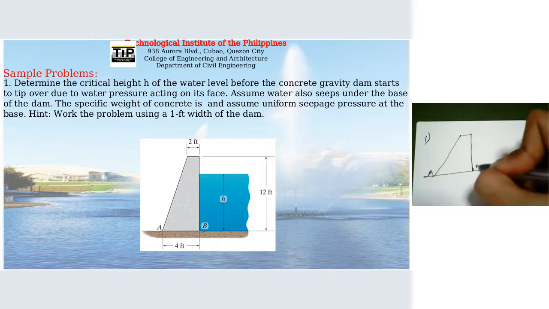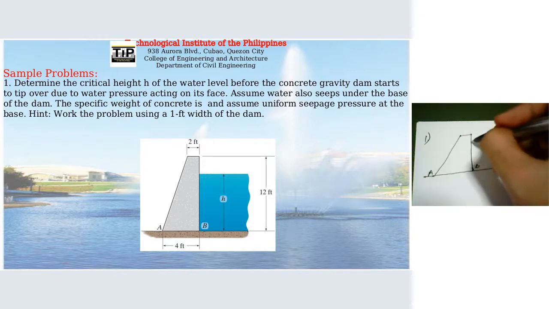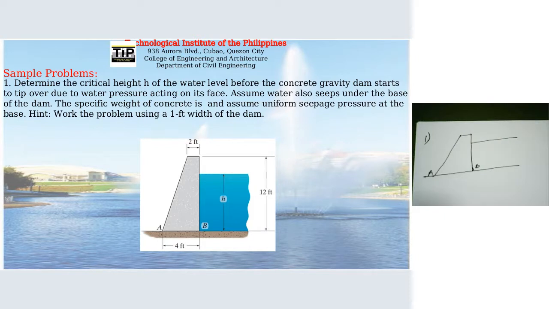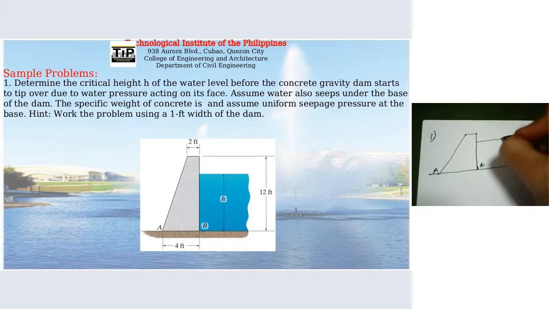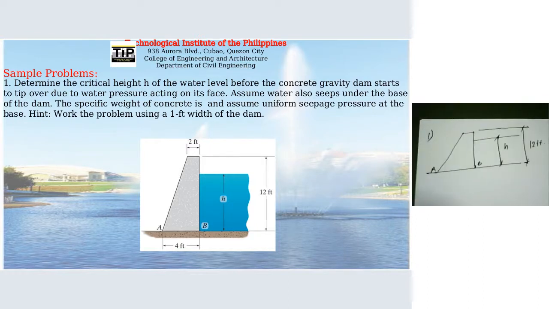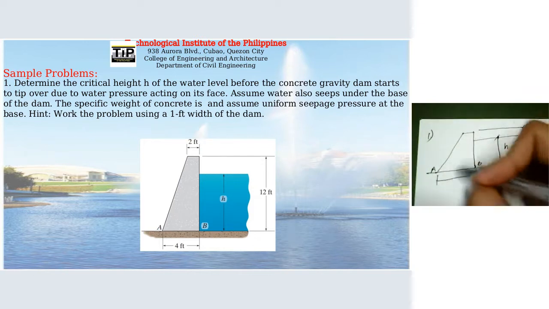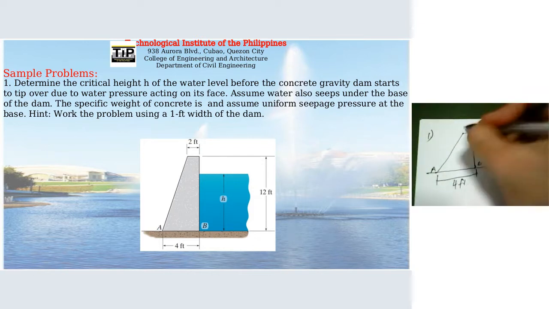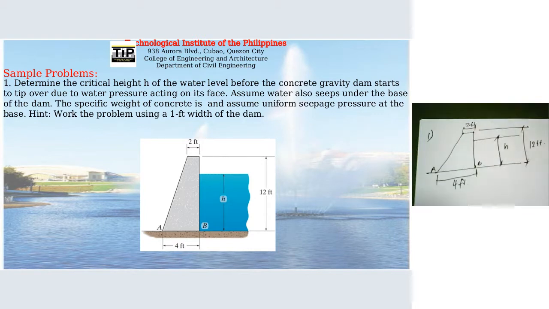Hill. Then we have water on the upstream side. On the downstream side, we do not have water. So, we want to get H. The height of the dam is 12 feet. Then the base width is 4. On the top, it's 2.